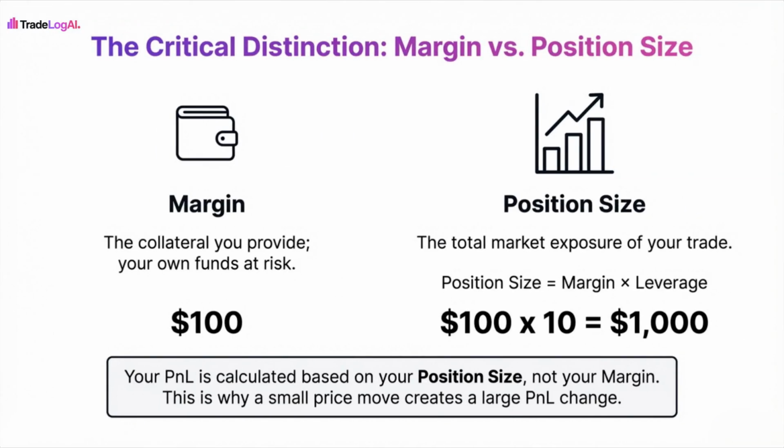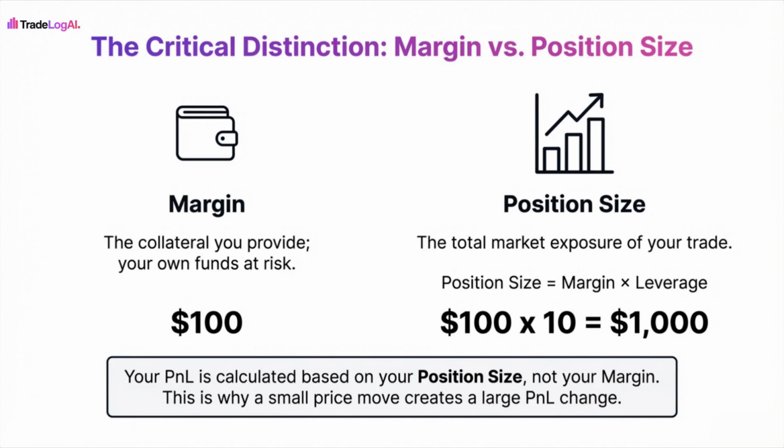Next is the key distinction most beginners miss. Margin versus position size. Margin is your collateral, your own money at risk. In this example, that's $100. Position size is your total market exposure, the size of the trade you control. And the relationship is simple. Position size equals margin times leverage.